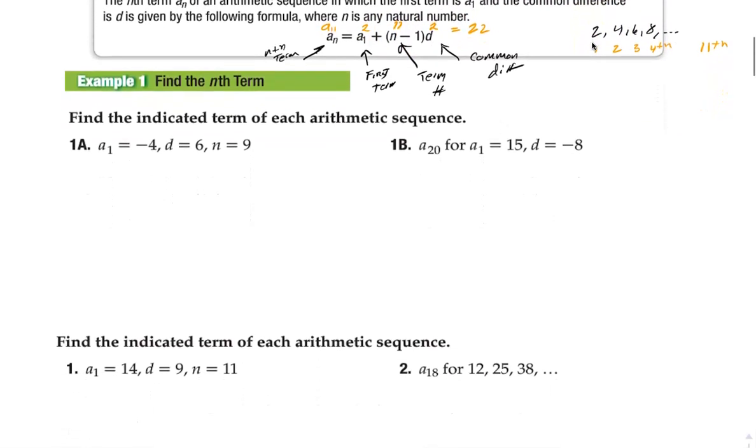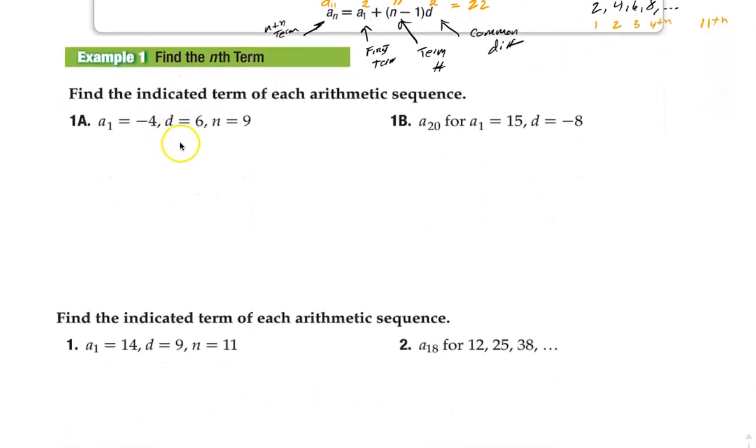Okay, so now that hopefully you have a better understanding of that, let's do some of these problems. Find the indicated term of each arithmetic sequence. They give me the first term and the common difference, and they want me to find the 9th term.